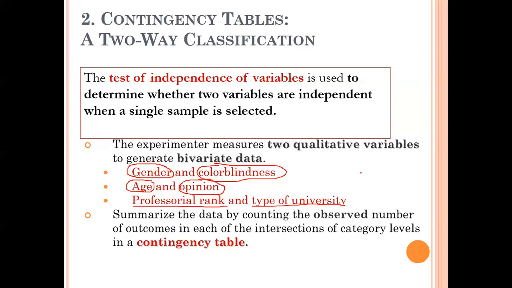In basic understanding, we use chi-square analysis if our variables contain categorical data, that means both the independent variable and the dependent variable are categorical data. When you have both variables as categorical data, you can continue to use chi-square analysis.